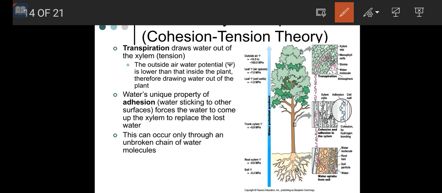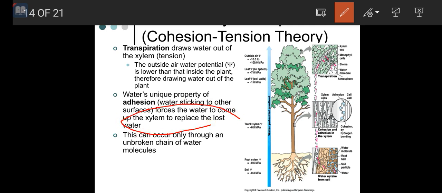The outside air water potential is lower than inside the plant, therefore drawing water out of the plant. Water has the unique property of adhesion, water sticking to other surfaces, which forces the water to come up the xylem to replace the lost water.